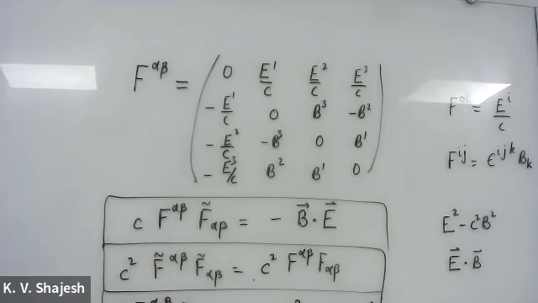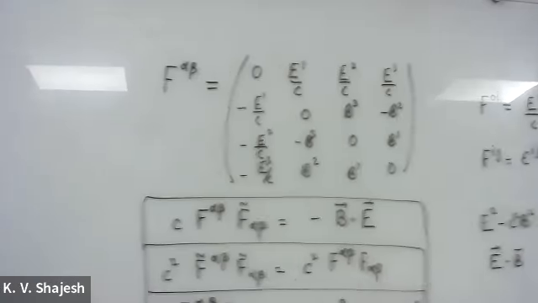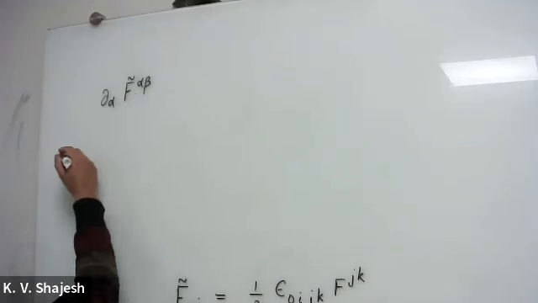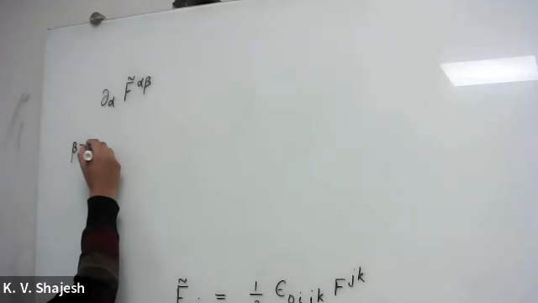We constructed the F tensor. Now let's do the alpha F tilde alpha beta. What is that equal to? Let's do beta equal to 0 first.